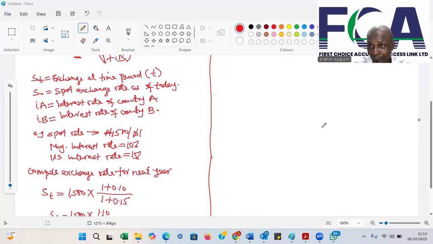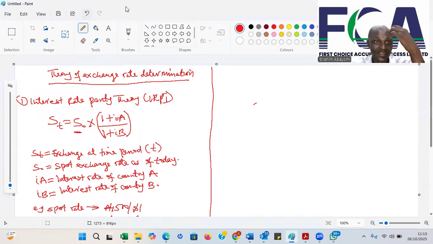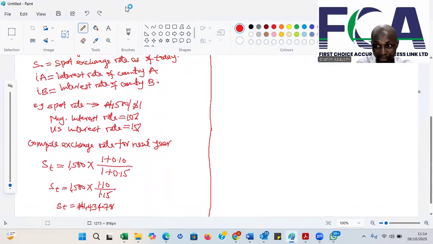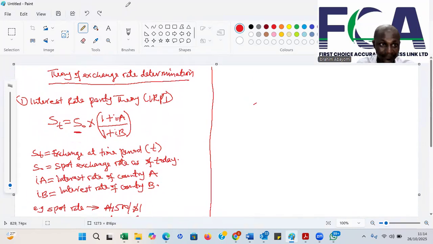The only difference between interest rate parity theory and purchasing power parity theory is that purchasing power parity theory predicts exchange rate based on inflation, while interest rate parity theory predicts exchange rate based on interest rate. So the same application, the same formula, is what you need to know.